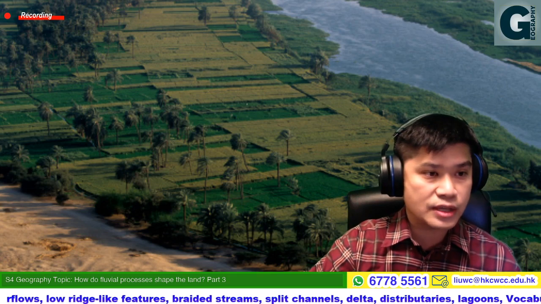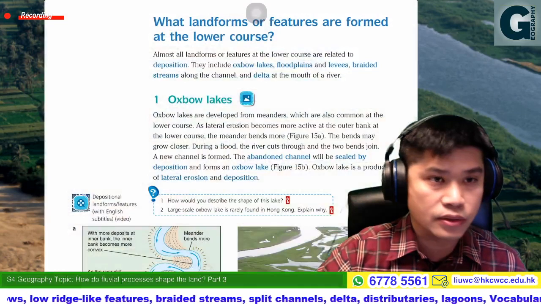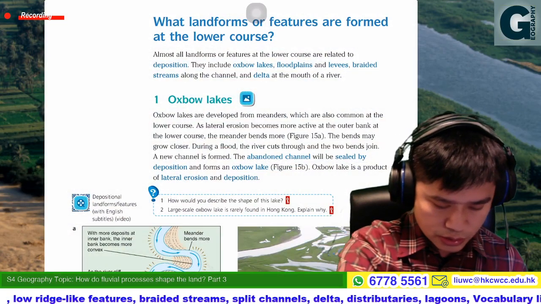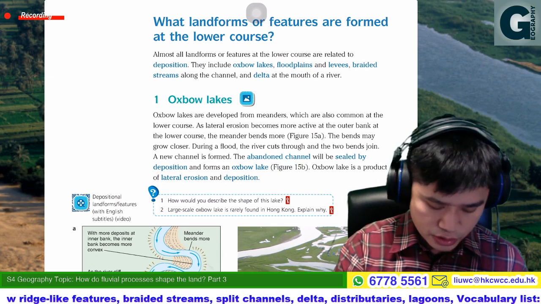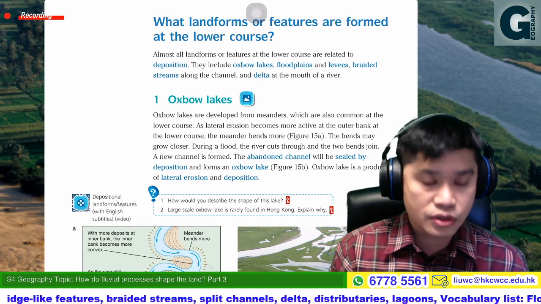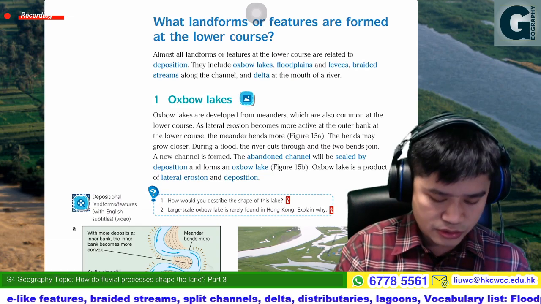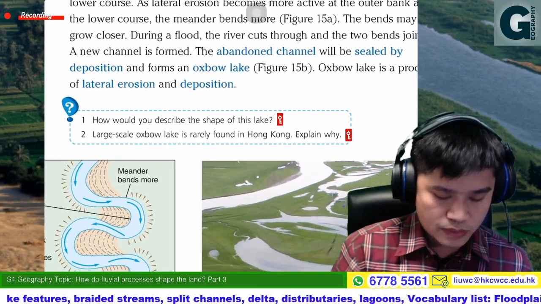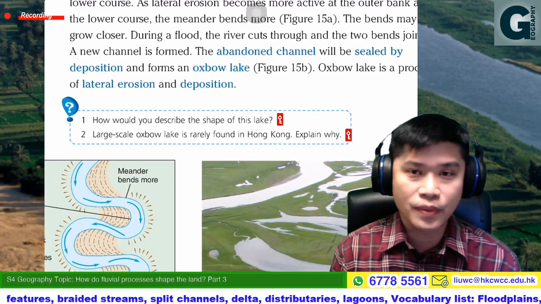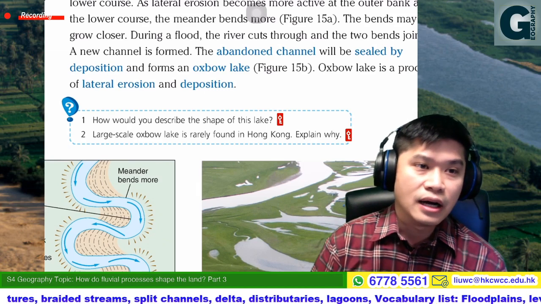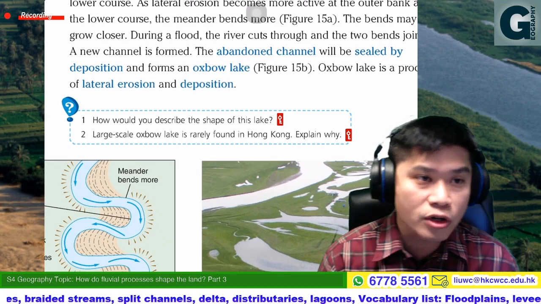So let's start. You may take out your textbook. Last time we talked about the Oxbow Lake. I forgot to talk about these two questions, which are two basic pieces of information about the Oxbow Lake.